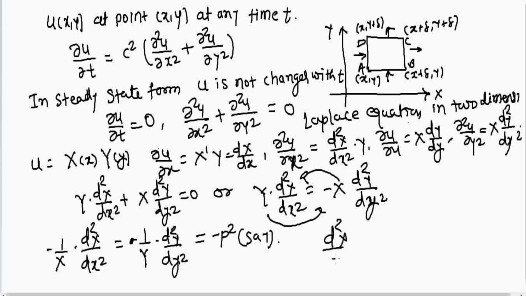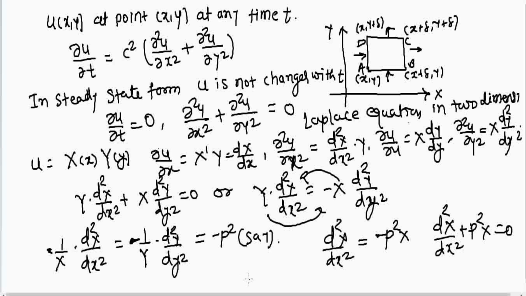One is d2X by dx square equal to minus p square into X, or d2X by dx square plus p square X equal to 0.